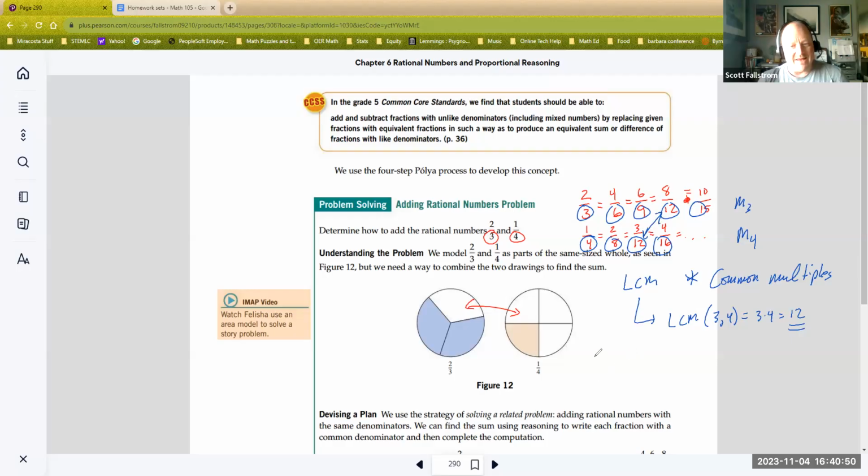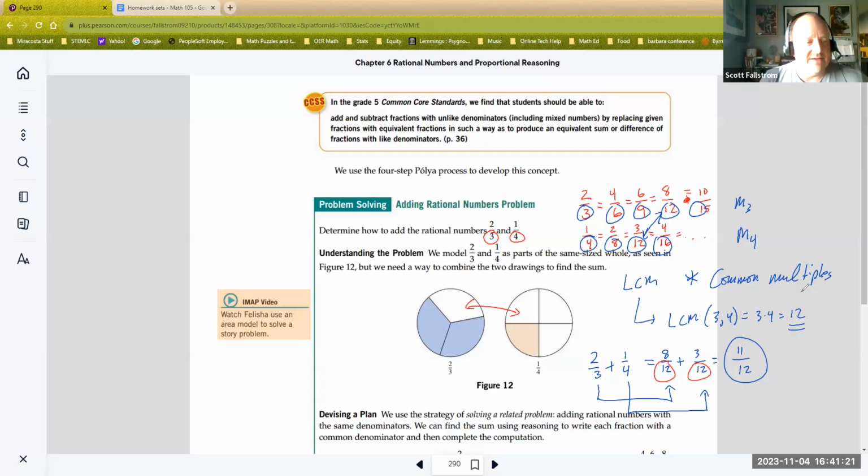Rewriting it, I'm struggling to do this one without a plan, so I fluff the fractions, and 2 over 3 becomes 8 over 12, 1 over 4 becomes 3 over 12, and now we have turned this into a problem where the denominators are the same, and we know we can just add them numerator-wise to get the final result.